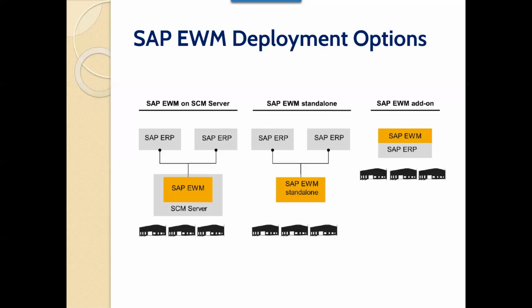So from EWM, we will send the data to their system. If the inbound delivery is created in their system, it will come to us through middleware as an IDOC, and we will receive it in our system and process it. Once the process is completed, we will send it through IDOC, and through middleware they are going to receive that data.